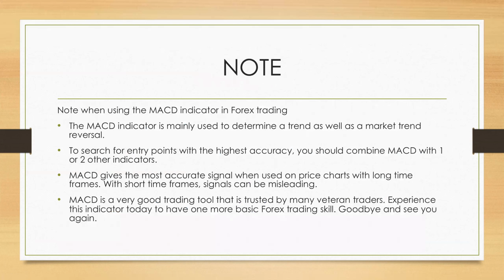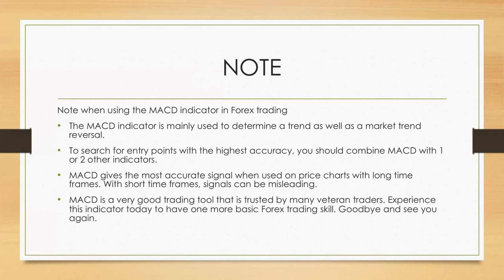So note, when using the MACD indicator in Forex trading, one, the MACD indicator is mainly used to determine a trend as well as a market trend reversal. So it is used to identify the trend, uptrend or downtrend, or whether the market is about to reverse into a downtrend or into an uptrend.